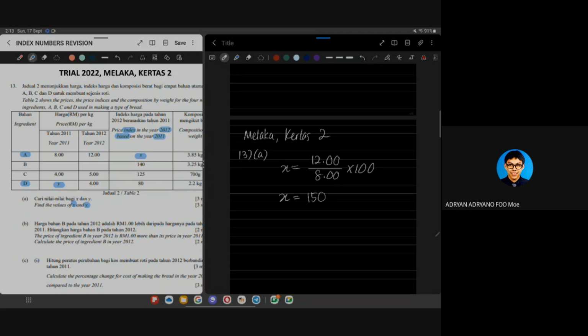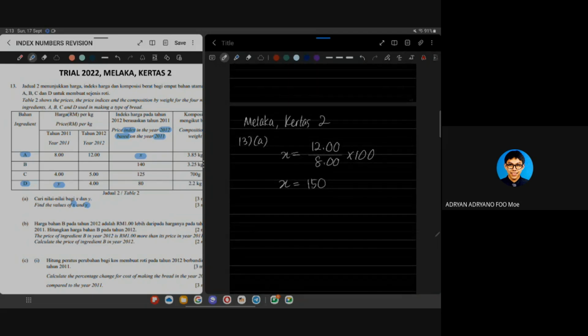For D, Y is your 2011 price, and you already have the price index 80. So same thing, 80 equals 4.00 over Y times 100. So Y equals 80 divided by 100, and then 4 divided by that answer. You will get Y equals 5.